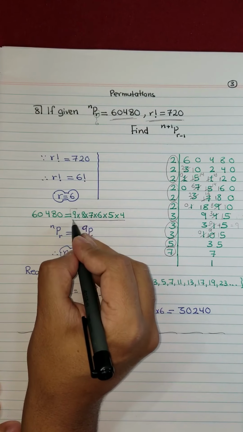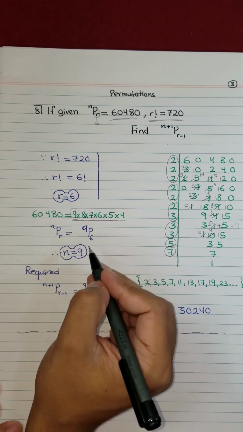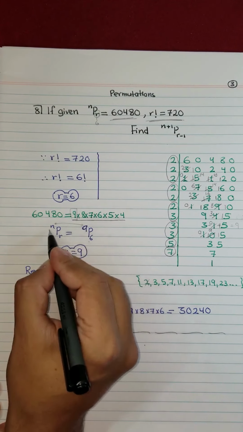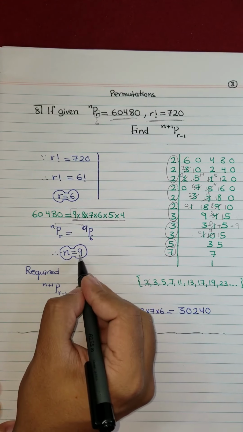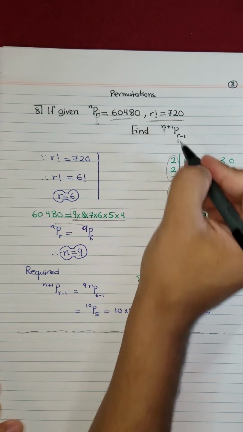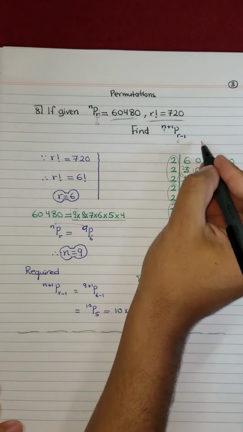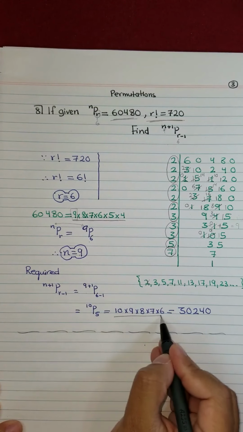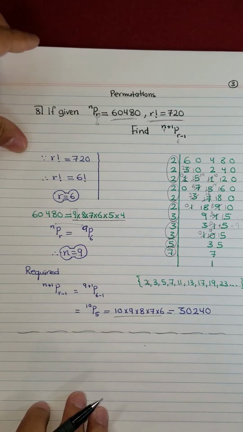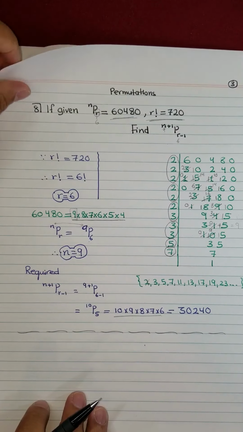The largest of these numbers was 9. So we wrote 9 permutation 6, and from that we found that n is equal to 9. Now after finding n is equal to 9, we substituted 9 here and 6 here. So 9 plus 1 was 10, and 6 minus 1 was 5, and we evaluated this as 5 actions starting with 10, and we got 30,240. And this was example number 8.